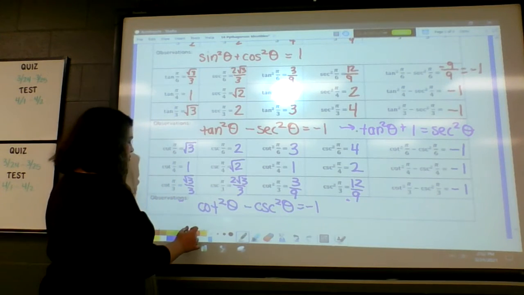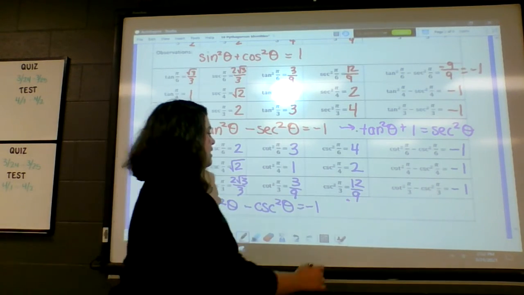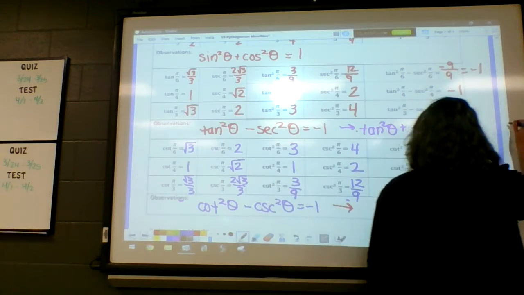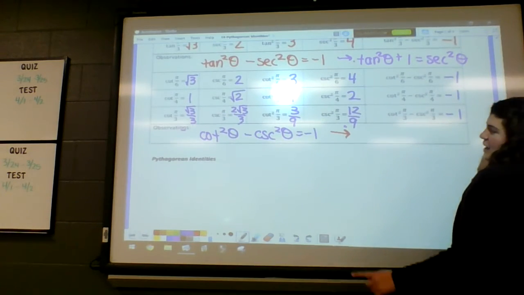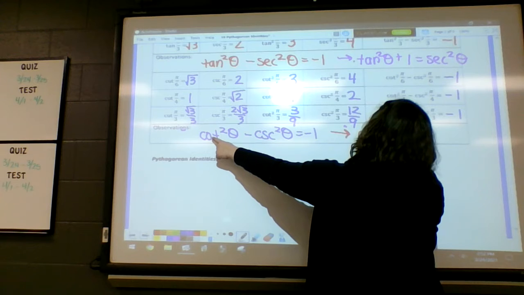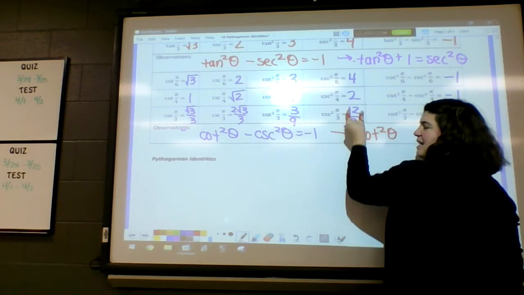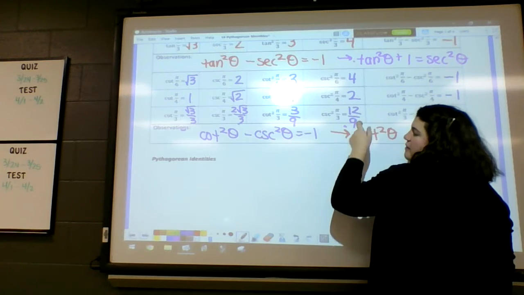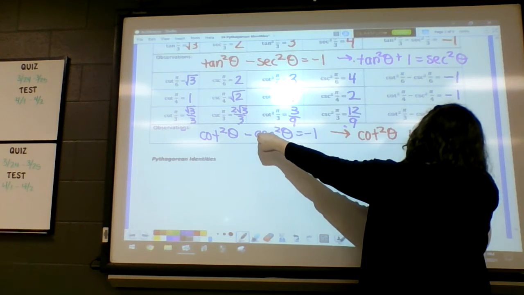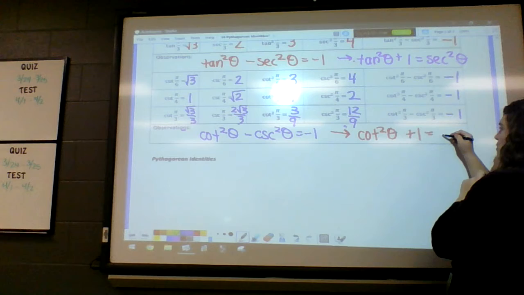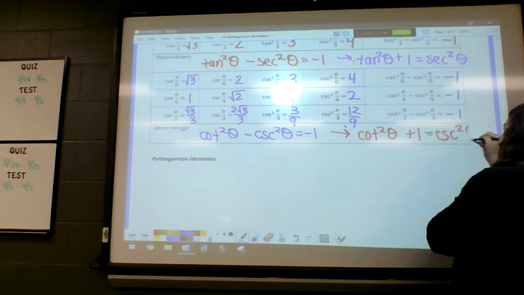They're going to move some terms around so that everything is positive. So we'll leave the cotangent squared positive. We're going to move the cosecant over because it'll make it positive, and add the 1 over so that it will be positive as well. So cotangent squared theta plus 1 will be equal to cosecant squared theta.